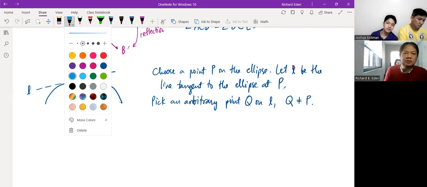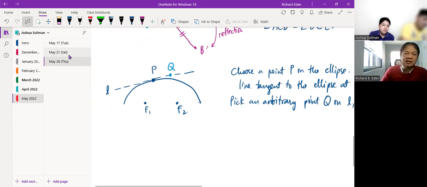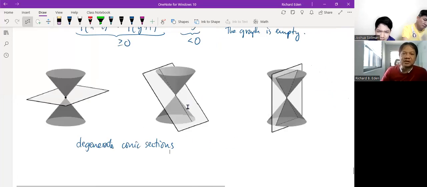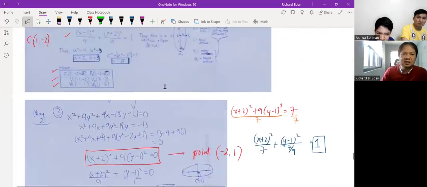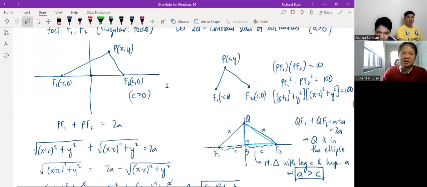Okay. Now, our definition of an ellipse is that it consists of all points whose sum of distances from the two foci is equal to a constant. In fact, the symbol we used for that is 2a. So remember this.